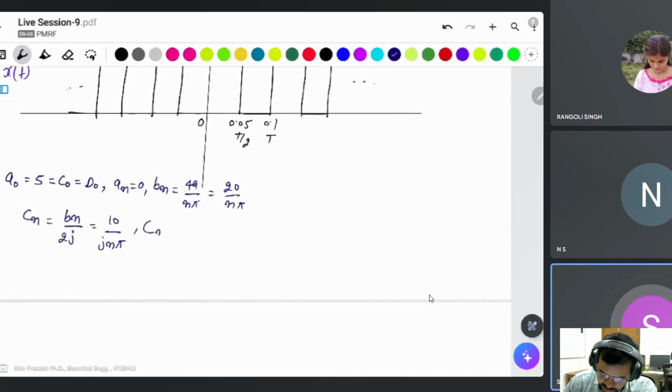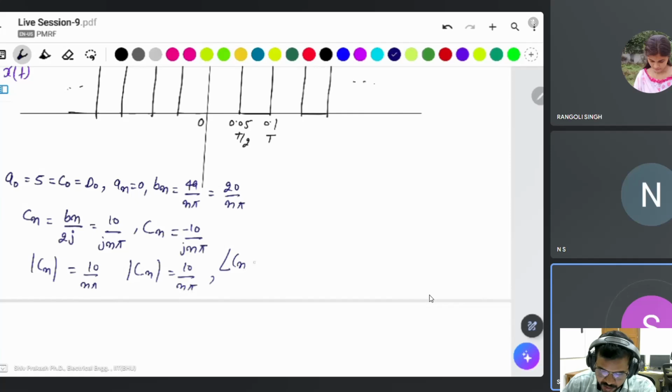C of minus n is equal to minus 10 by j n pi. Then mod of Cn is equal to 10 by n pi, mod of C of minus n is 10 by n pi, and angle of Cn is minus pi by 2, same thing as the previous question. Angle of C of minus n is equal to pi by 2.